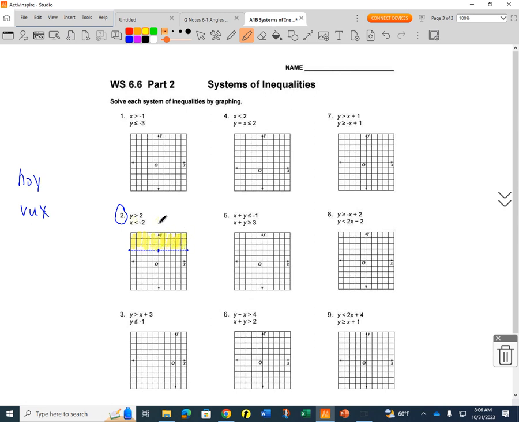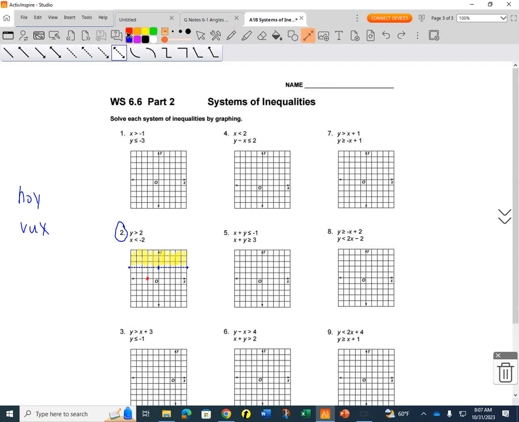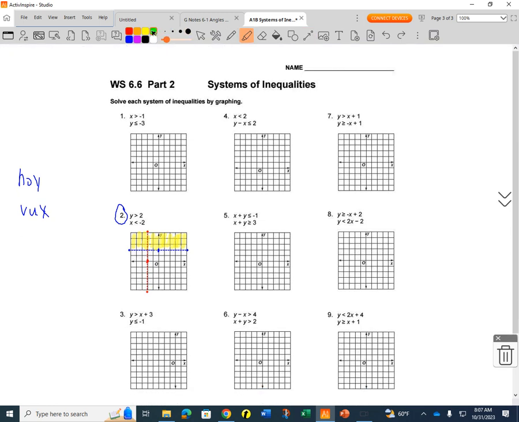Alright, so Bucks, a vertical line through -2 on the x-axis. So -2, this is the x-axis here, so -2, that's also a dotted line. So we are going to go ahead and draw a vertical dotted line there. Now, which way does this one get shaded?